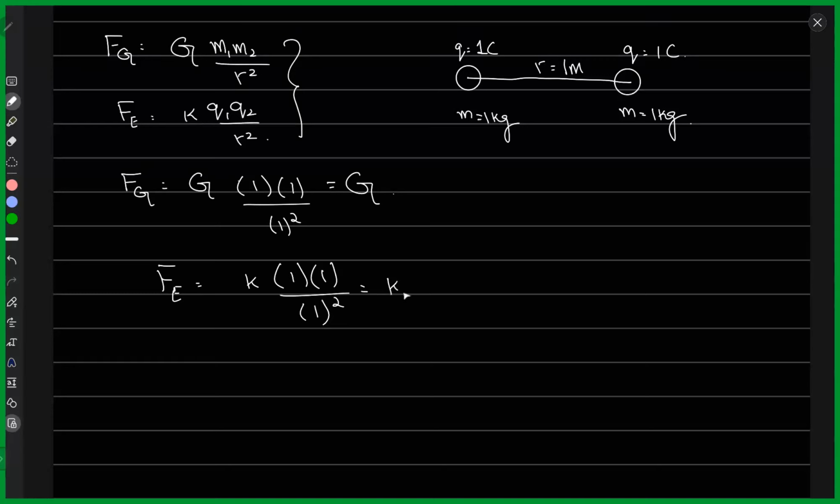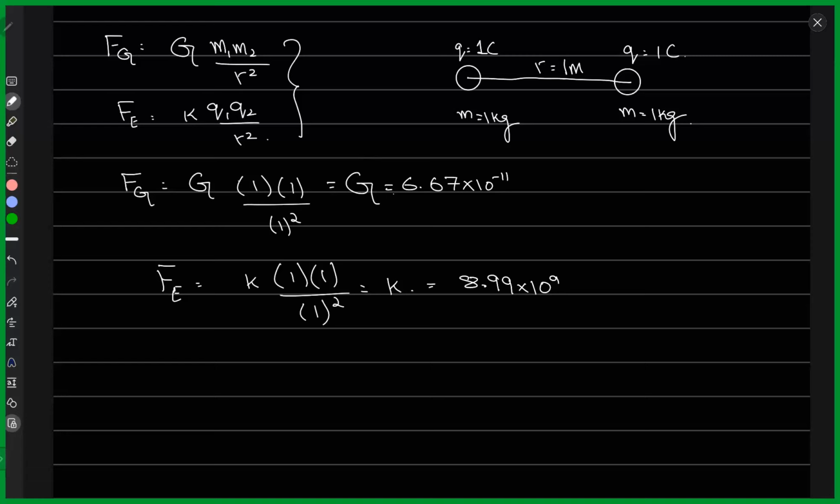So this is just K. Now, the value for G is 6.67 times 10 raised to the power minus 11, and the value for K is approximately 8.99 times 10 raised to the power 9.